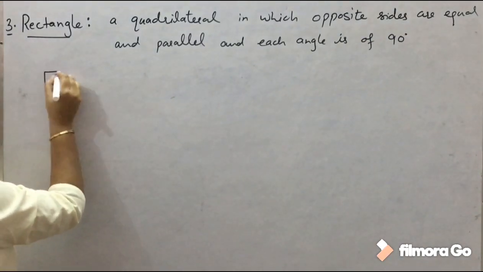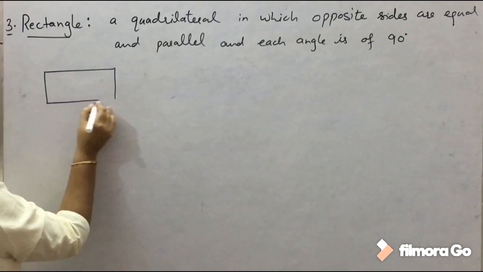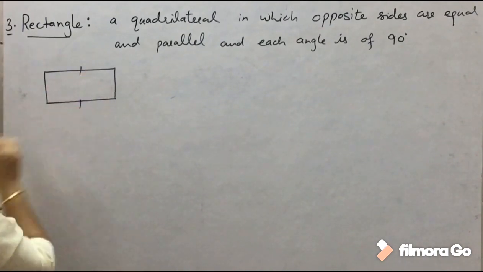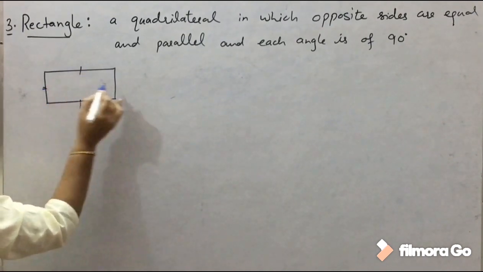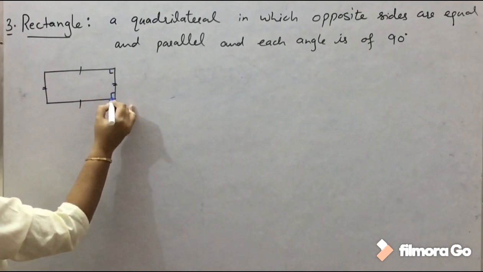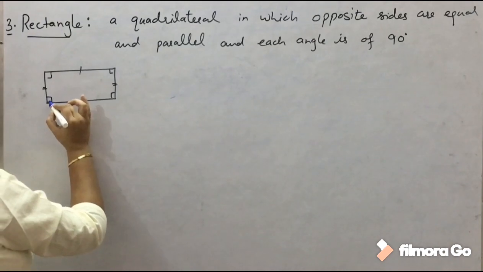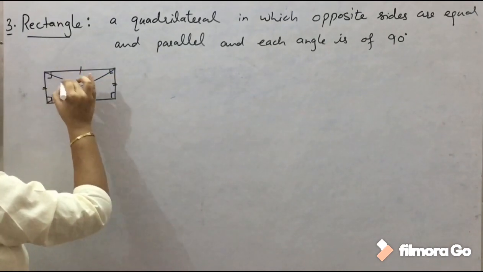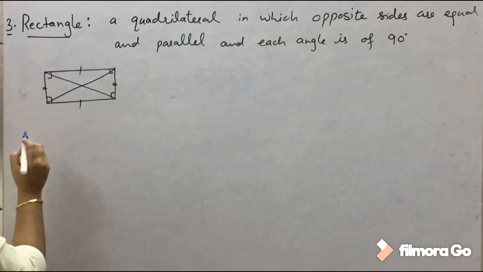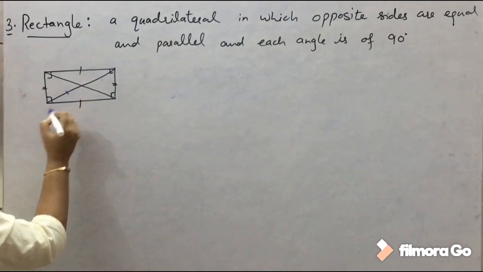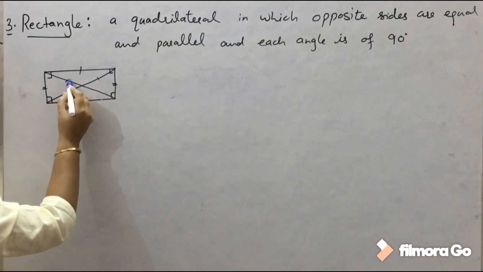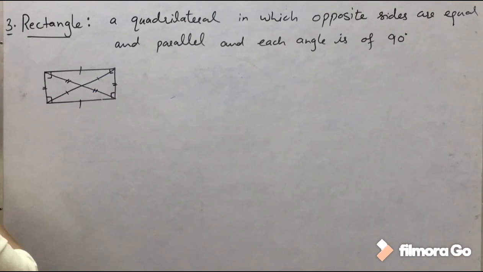You have seen this shape. Opposite sides are equal and parallel. Each angle is 90 degrees. Also we have observed that diagonals bisect each other. Means this equal to this equal to this.